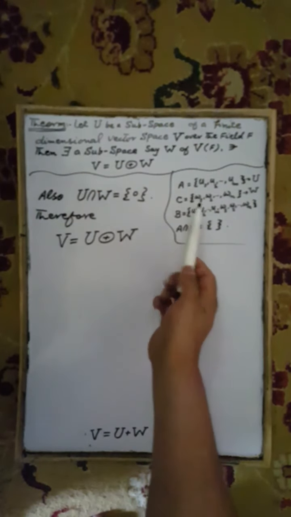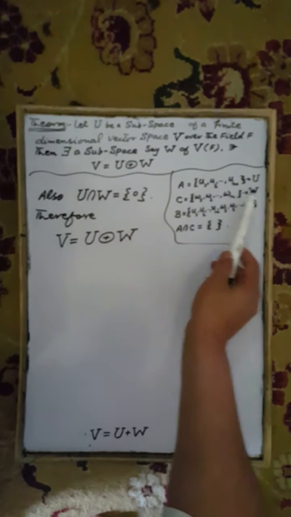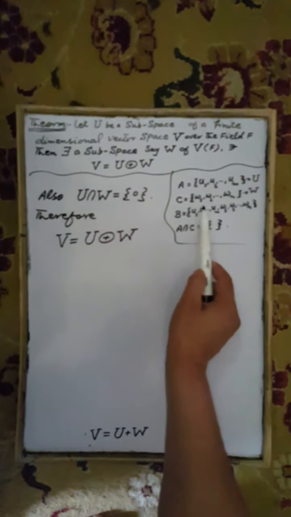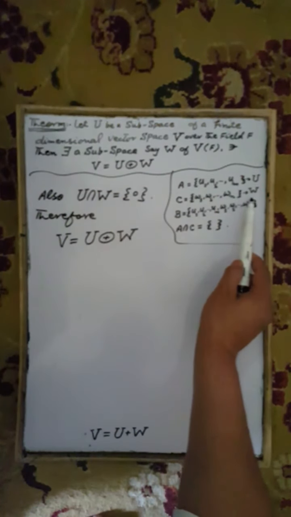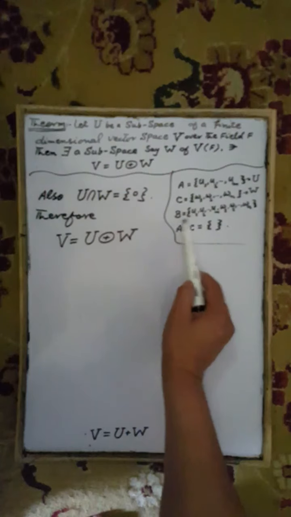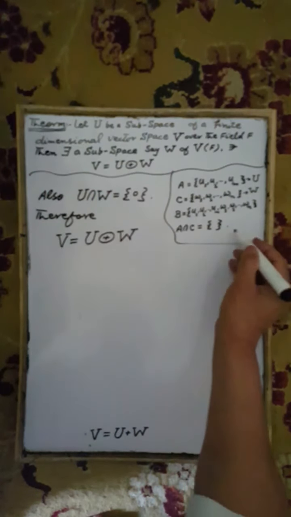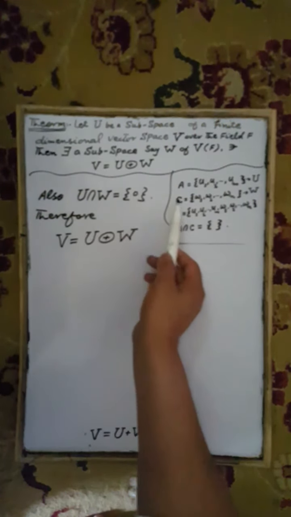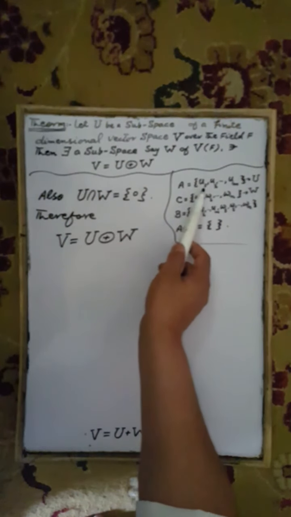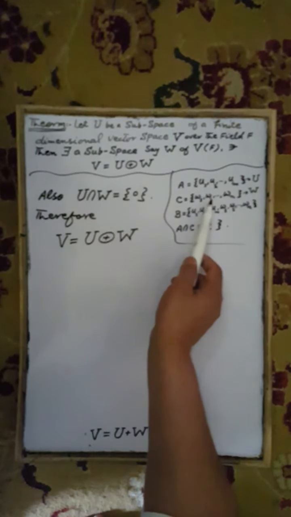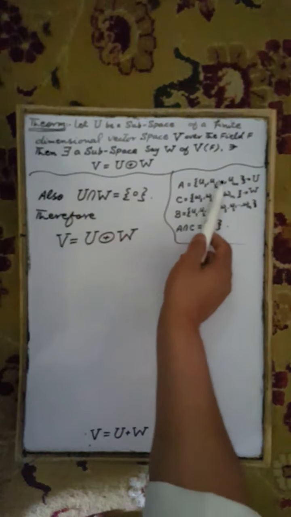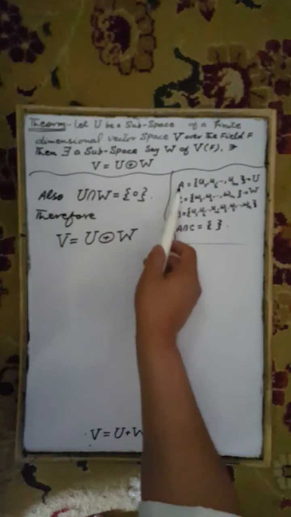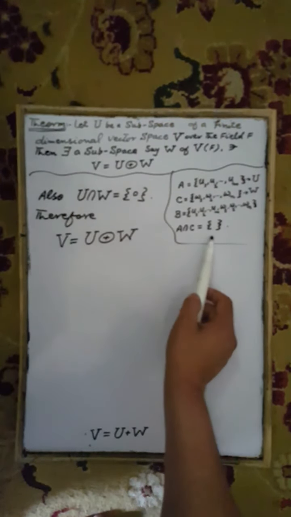Also, the set A spans the subspace U, the set C spans the subspace W, and the set B spans the sum of the subspaces U plus W as well as the vector space V over the field F. That is, the elements of A span U and the elements of C span the subspace W. There is no common element, that is, the intersection of A and C is empty.